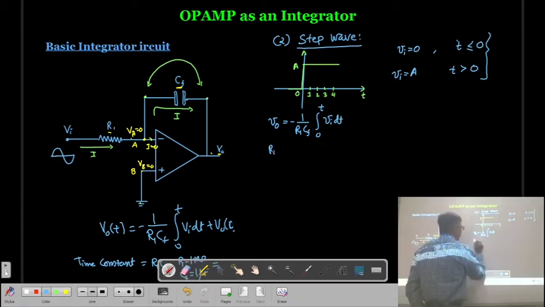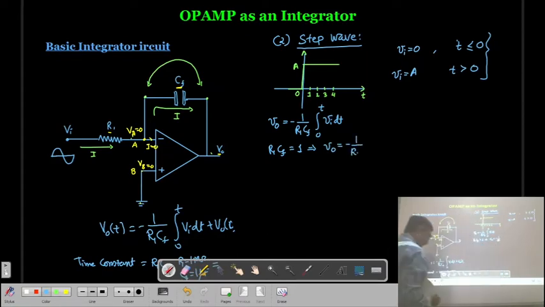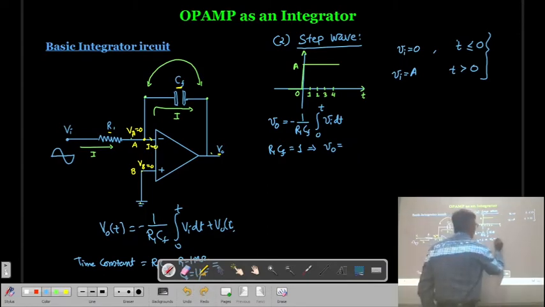So R1 CF is, let us say, 1 second. So we have the output voltage equal to minus integration from 0 to t of Vi dt.